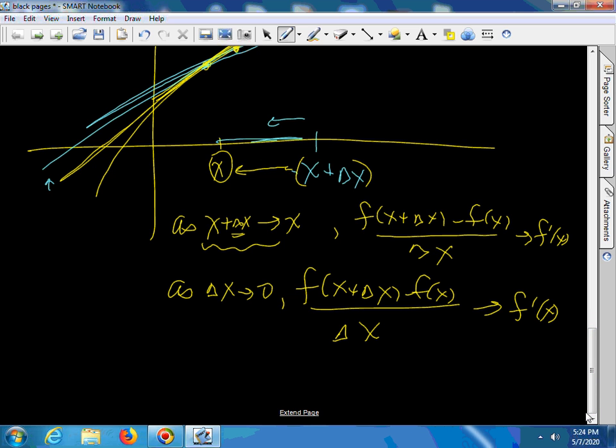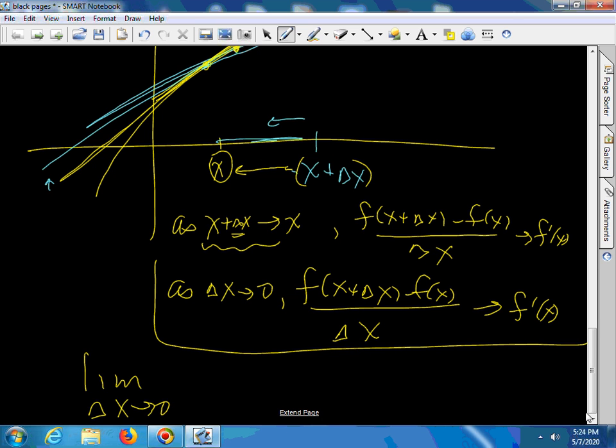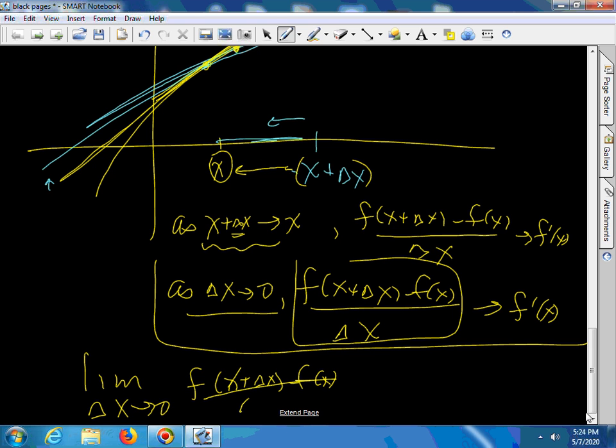So what this here means is the limit as delta x approaches 0 of this mess, f of x plus delta x minus f of x all over delta x, is f prime of x.